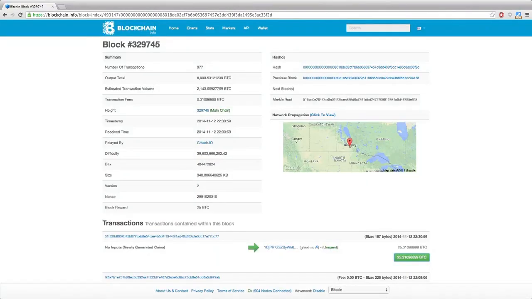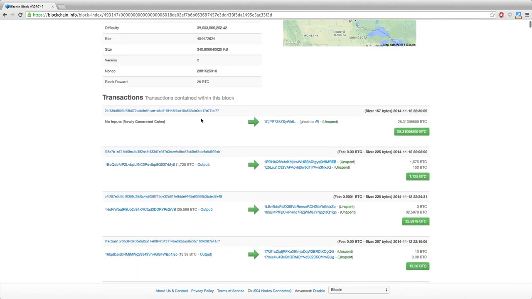So let's actually look here on the screen. I'm showing you the last block that came up, the last block of transactions. So block number 329745. At the very beginning of any block, the very first transaction is new Bitcoin generated.